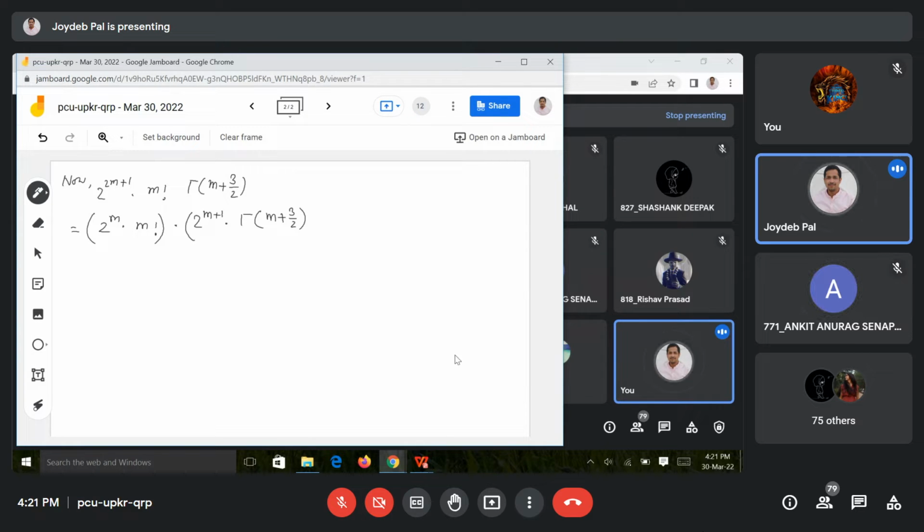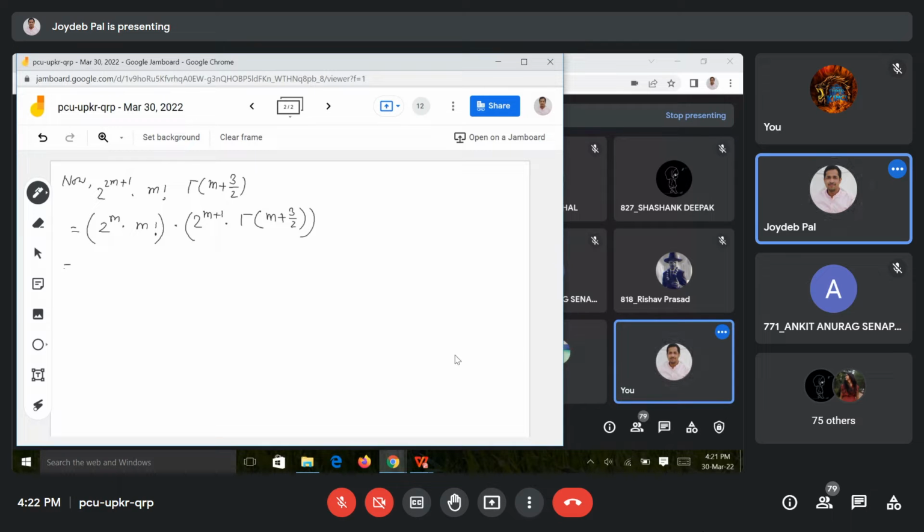Yes, sir. Look, I have split this 2 to the power 2m plus 1 into 2 to the power m and 2 to the power m plus 1. Then I am multiplying 2 to the power m with m factorial and 2 to the power m plus 1 with gamma of m plus 3 by 2.